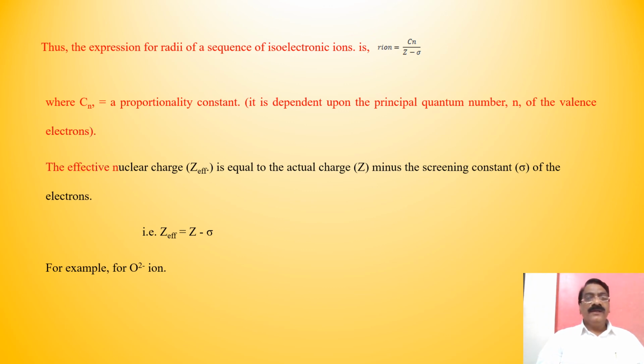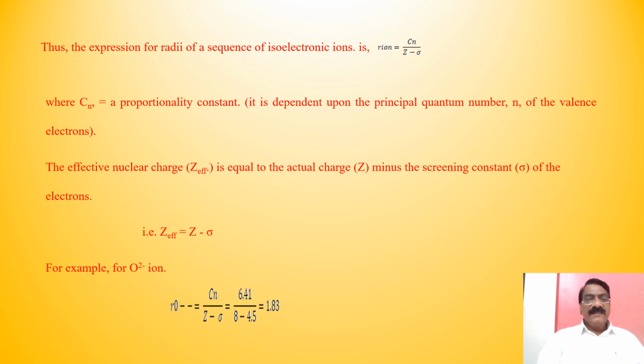The effective nuclear charge Z effective is equal to the actual nuclear charge Z minus the screening constant sigma of the electron. That is, Z effective is equal to Z minus sigma.